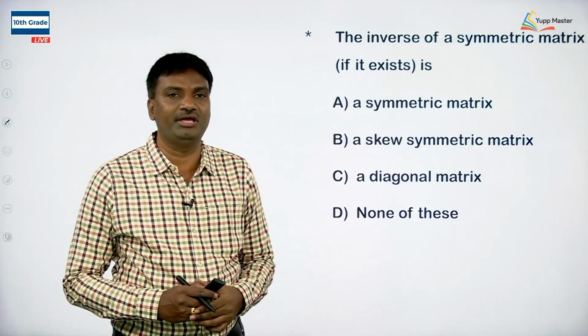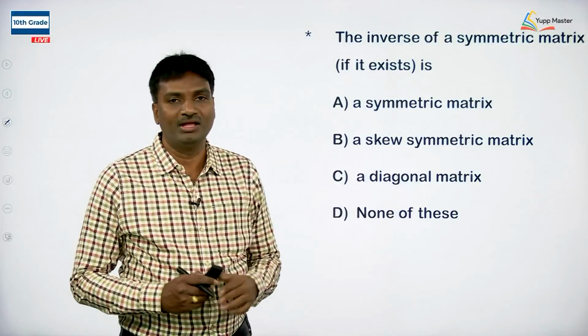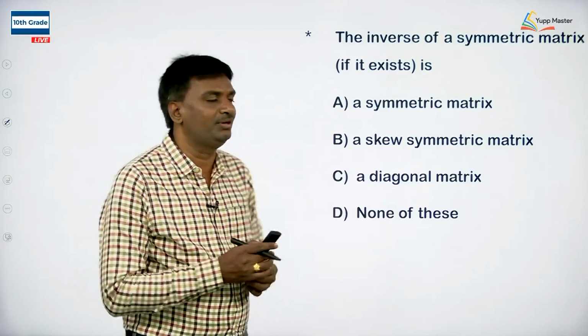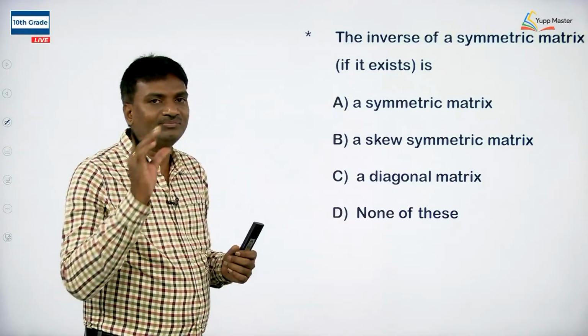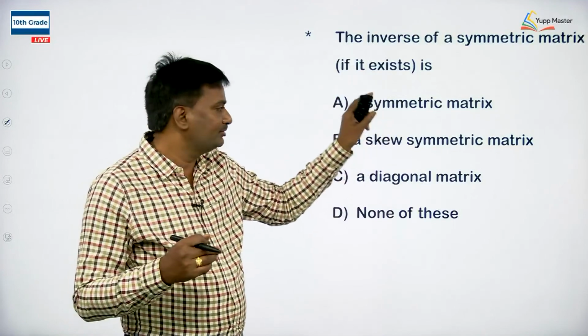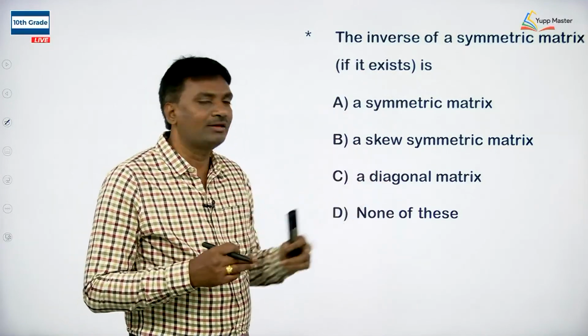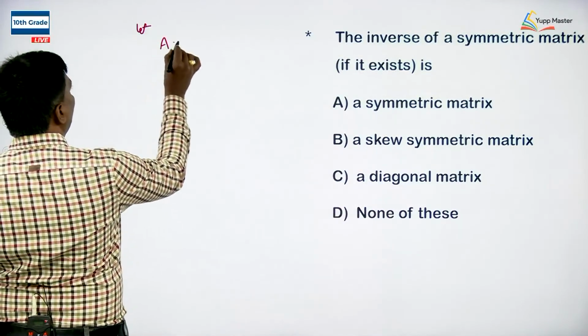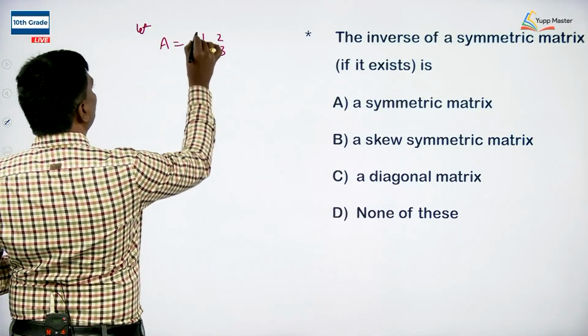So here let us consider one example. It is not necessary to take a 2 cross 2 matrix only. You may take a 3 cross 3 matrix. Here we just have to check whether the inverse of a symmetric matrix, when it exists, is a symmetric matrix, skew symmetric matrix, diagonal matrix, or none of these. Let A equal to [1 2; 2 3].